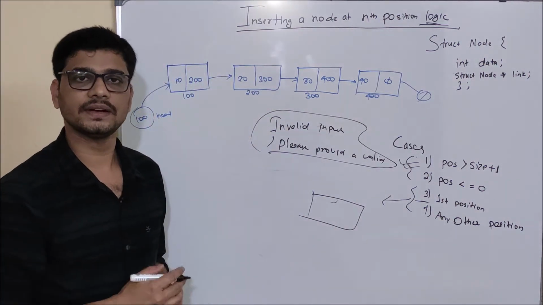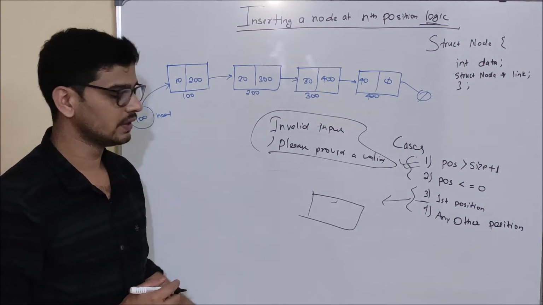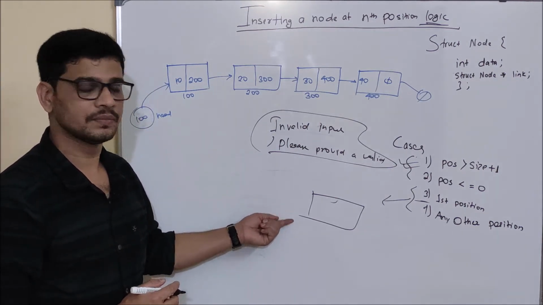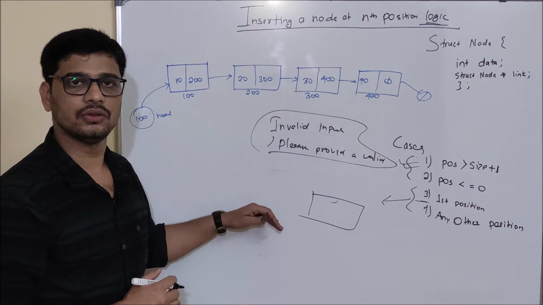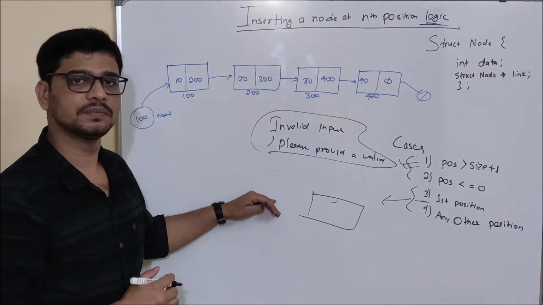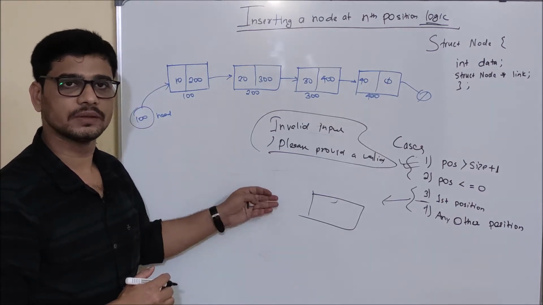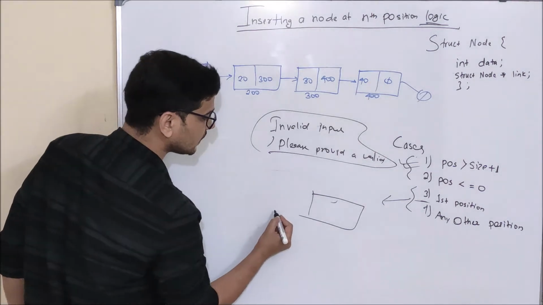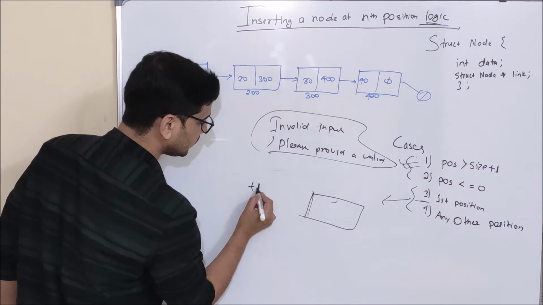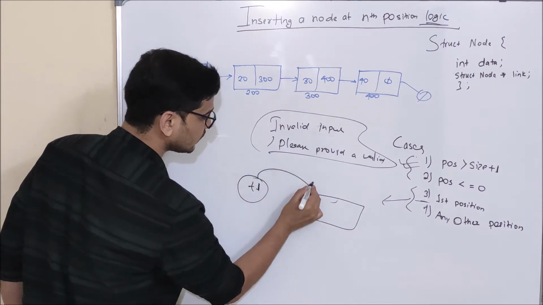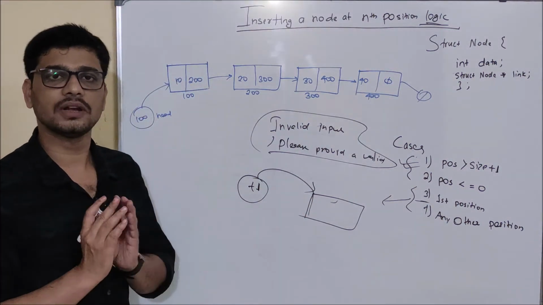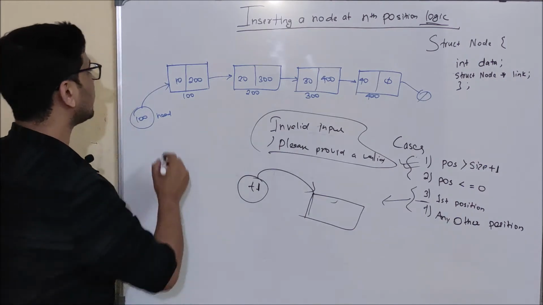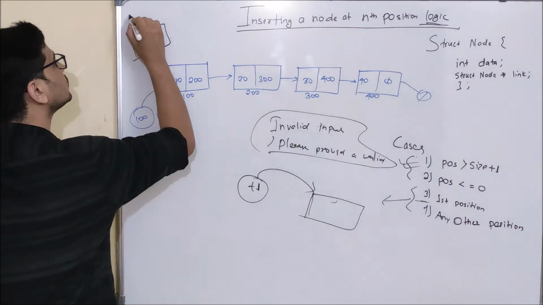If you are writing a C program, you can use the malloc function, and if you are writing a C++ program, you can use both malloc as well as new. Suppose I have created a node and T1 is a pointer in which we are holding the address of this particular node. So how are we going to insert this node at the first position?